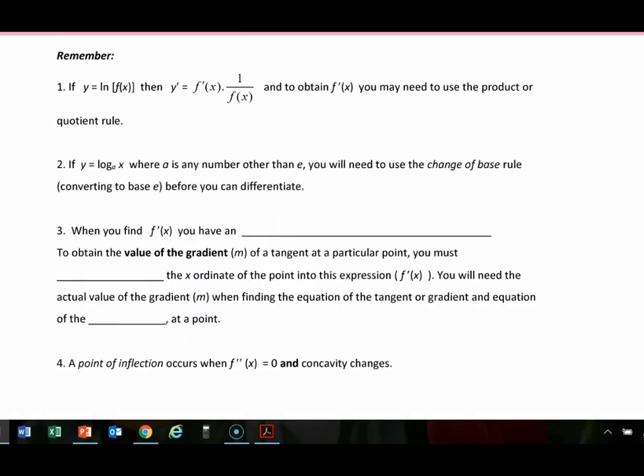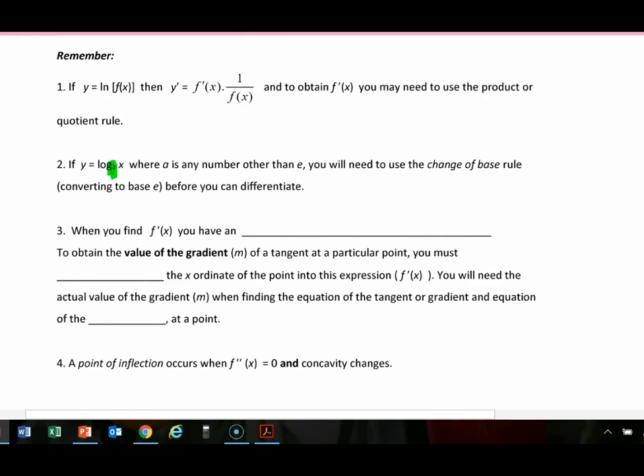Some overall rules that you really would do well to add to a summary are: keep in mind that even within logs, you could need to use the product or the quotient rule, or function of a function rule. If you've got y equal to log of x to base a, this is something other than what our rule addresses.